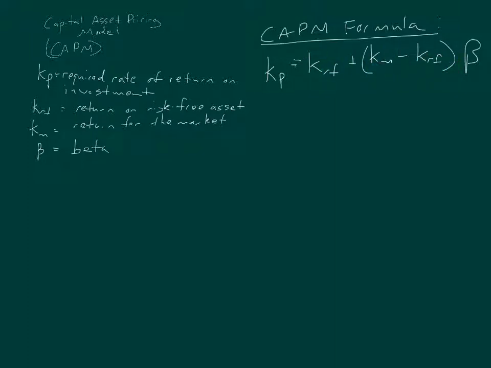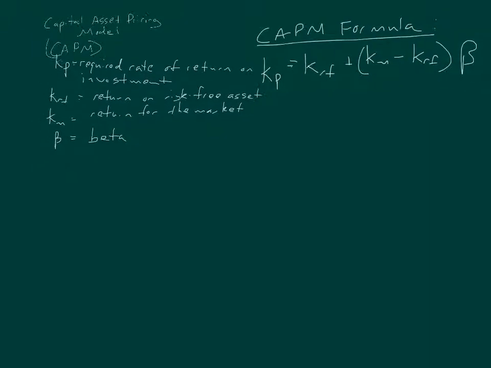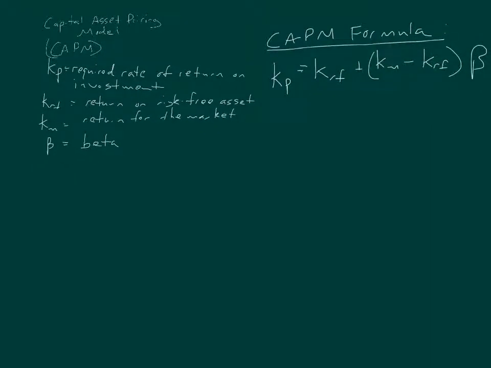So let's take an example where we have KP, the investment's required rate of return, equals 9.5%. We have the market rate of return equals 13%.